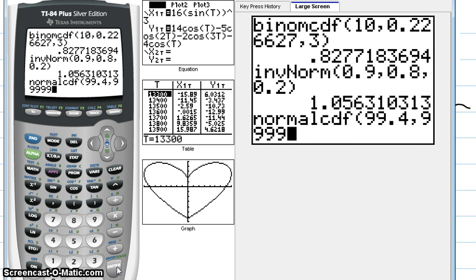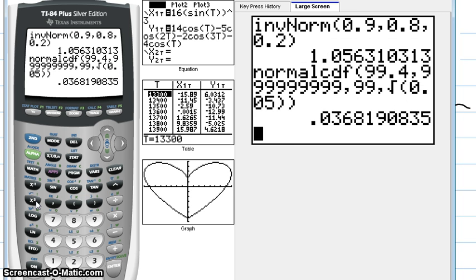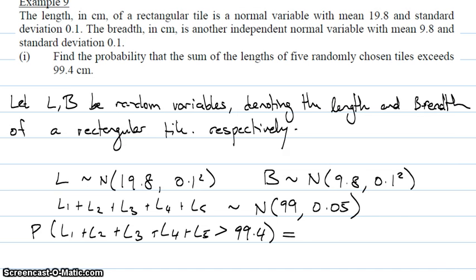My upper bound is a very, very big number. And my mean was 99, and my variance was 0.05, so my standard deviation is the square root of 0.05, and this gives me 0.0368 to 3 significant figures. Ignore that, sorry, I pushed the wrong button. So 0.0368 to 3 significant figures.